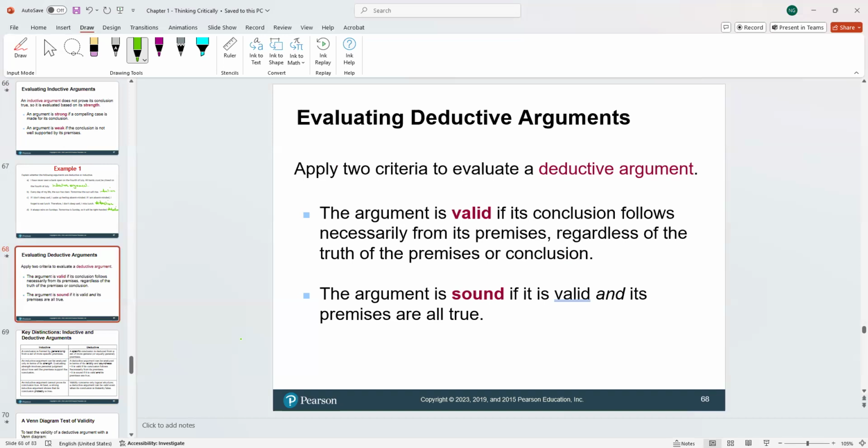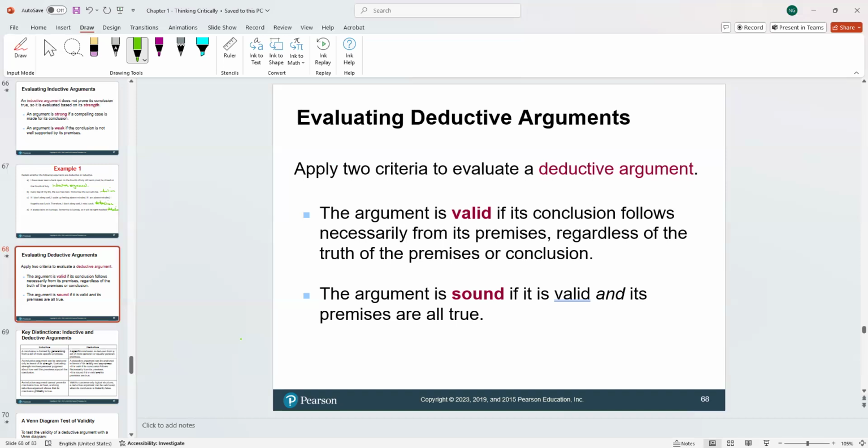So we check two things: the validity and if it's sound. The argument is sound if it is valid and its premises are all true. So we can be sure that the conclusion is true only if the answer to both questions is yes.